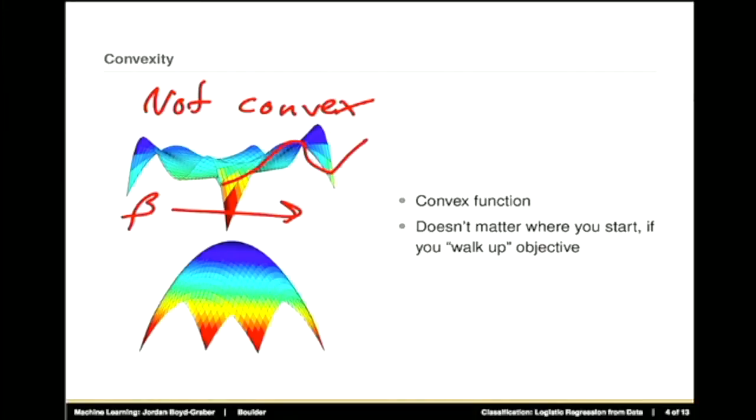That's not convex, but the nice thing about logistic regression is as we change beta, there is some global optimum of our objective function, and we can use that fact to just walk uphill constantly, and we will find the optimum.